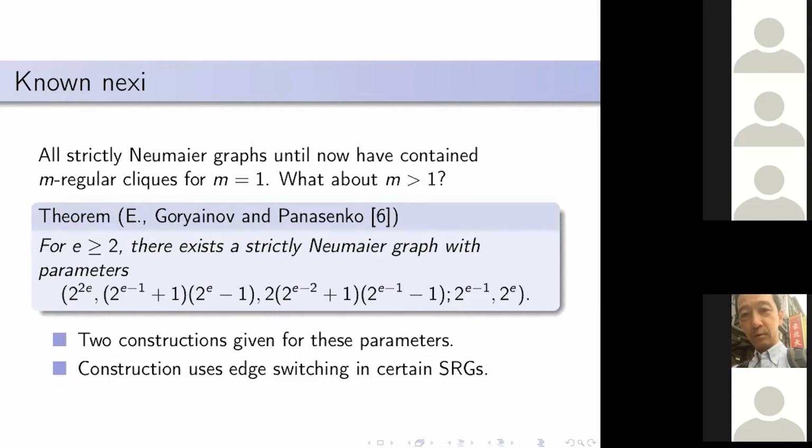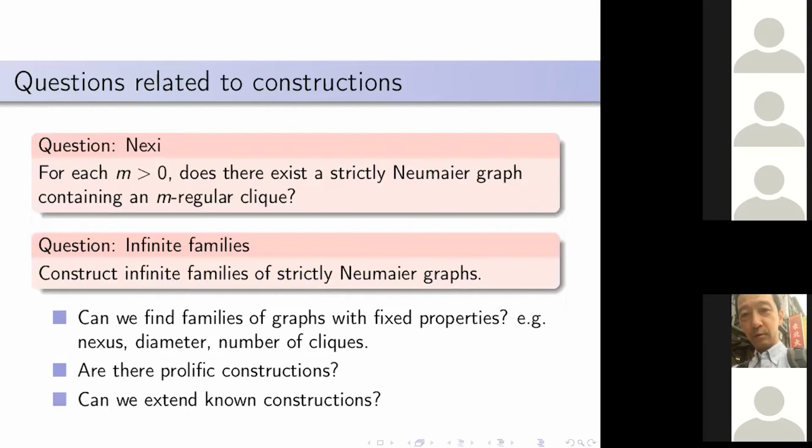And this construction starts with strongly irregular graphs, and we apply some clever edge switching to break the co-edge regularity, but not the edge regularity.